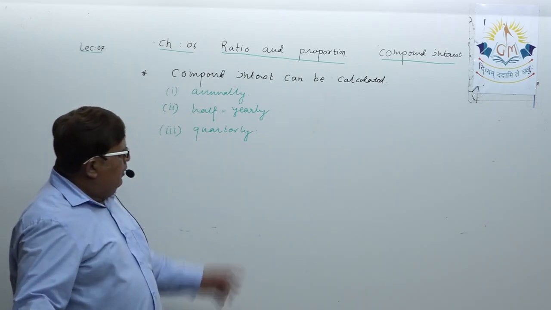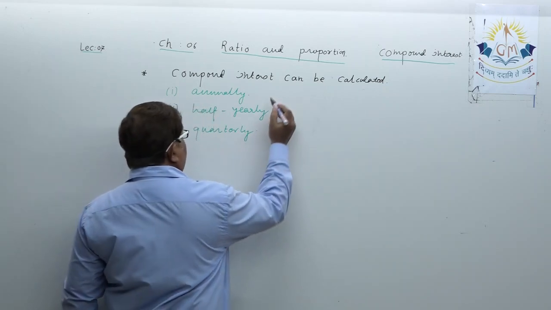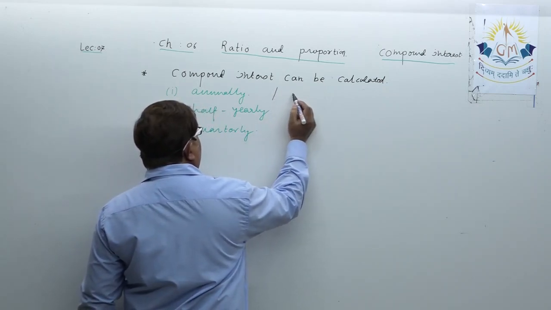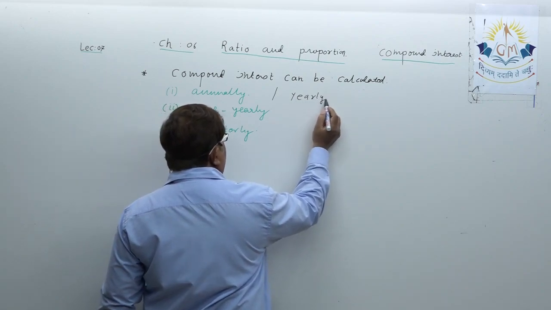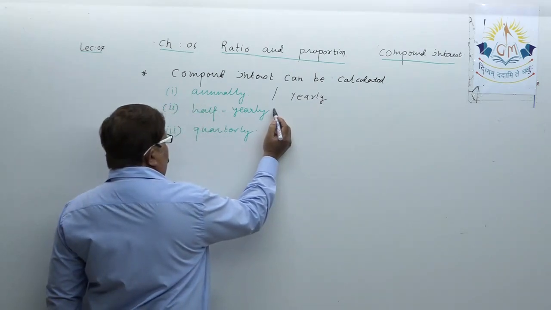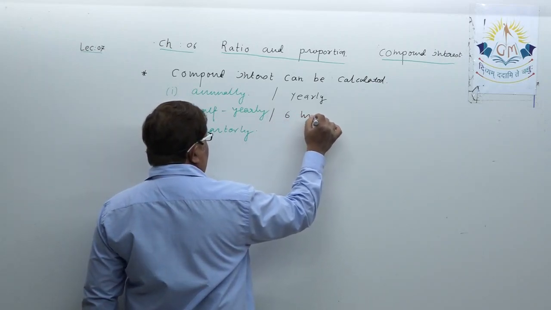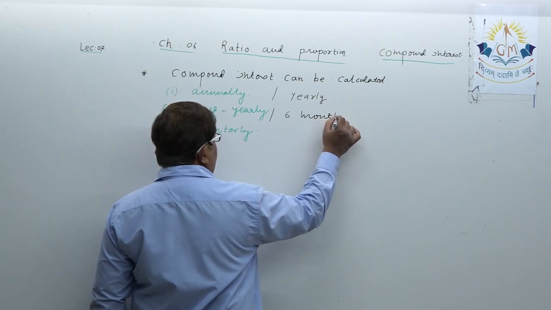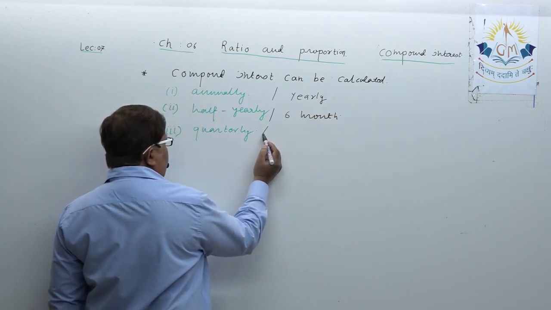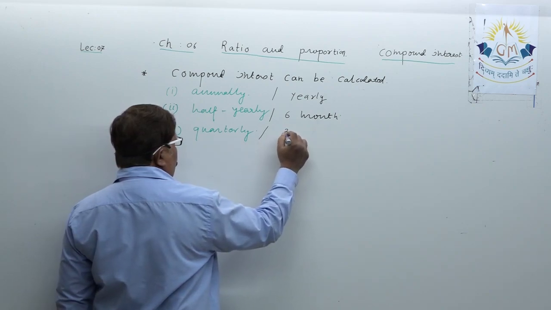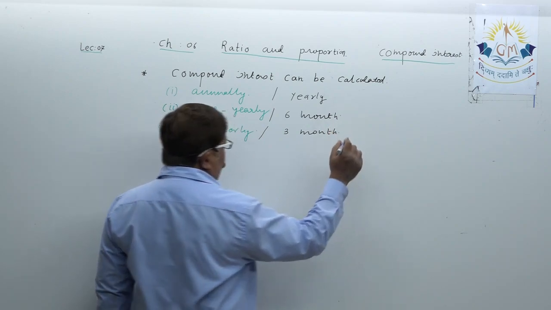Annually means, dear student, you are knowing annually means yearly. You understood, no? Half yearly means each interval is of 6 months, you know. Quarterly, each period of 3 months, that also you must be knowing.